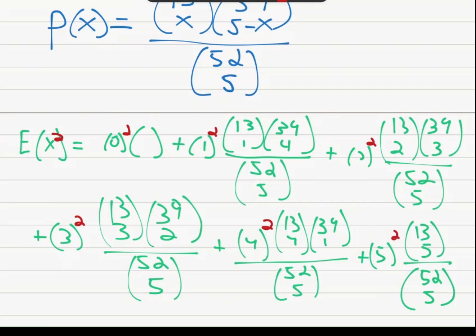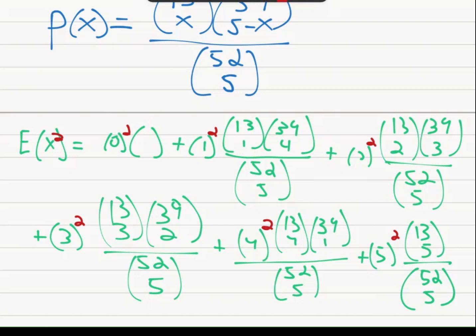So just the green shows the calculation for the expected value of x, and the green plus red shows the calculation for the expected value of x squared.